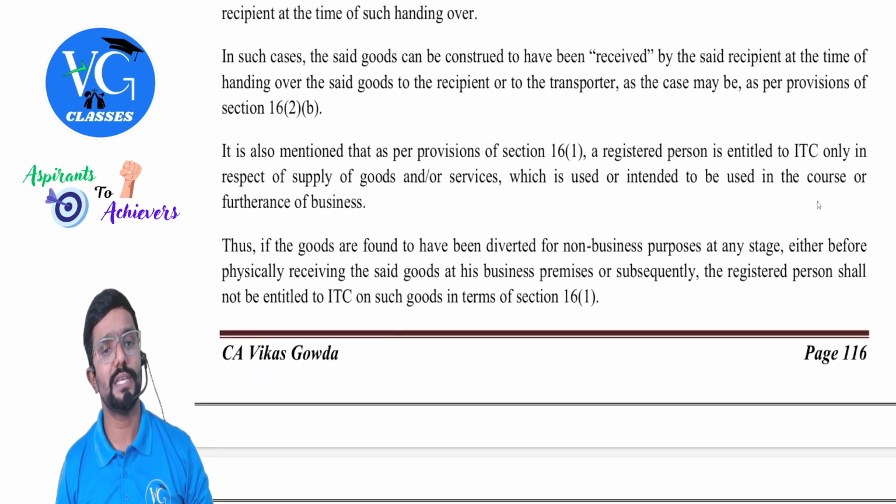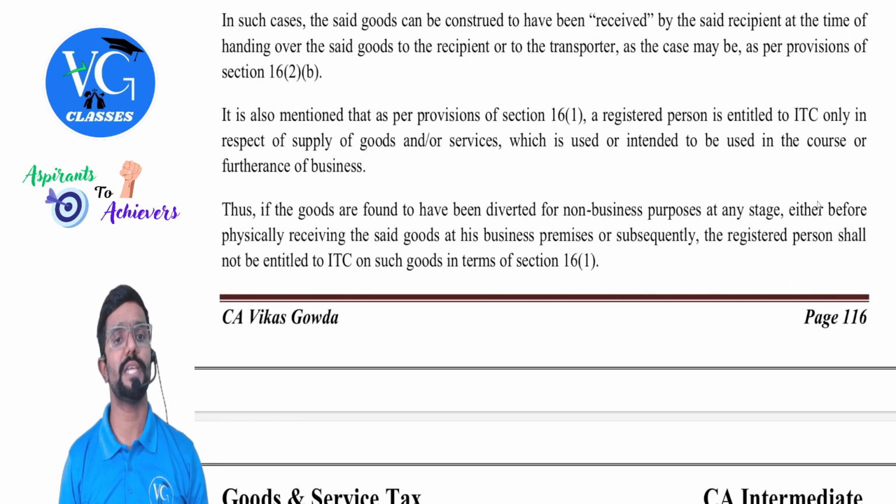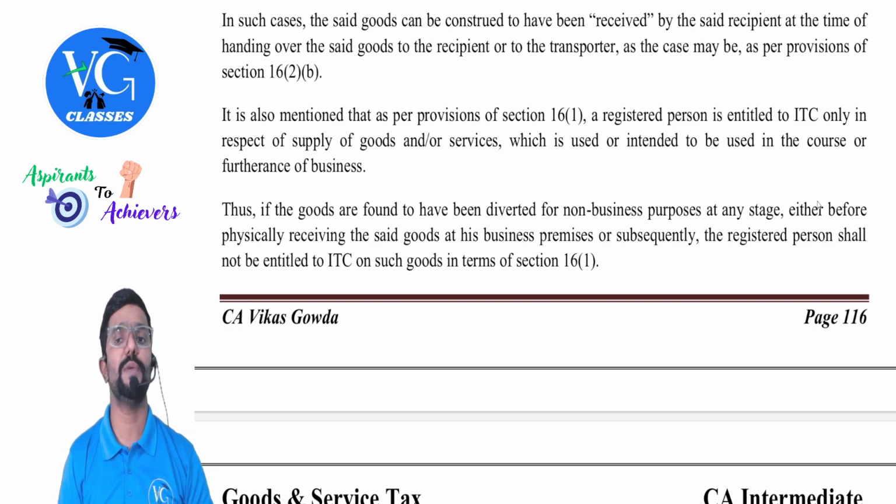In such cases, the said goods can be construed to have been received by the said recipient at the time of handing over the said goods to the recipient or the transporter, as the case may be, as per the provisions of section 16(2)(b).